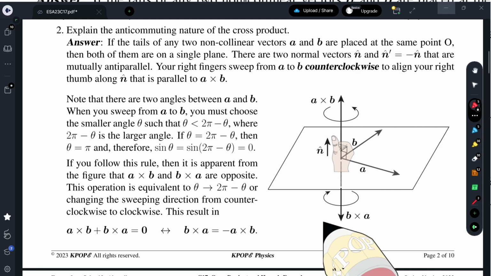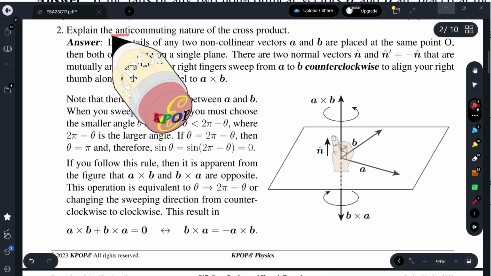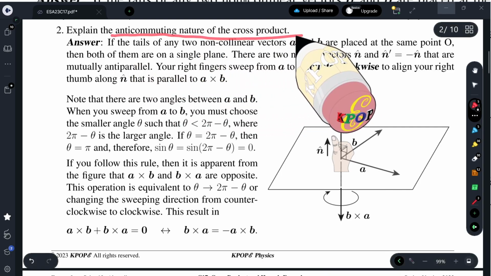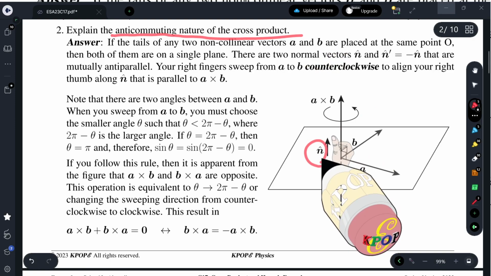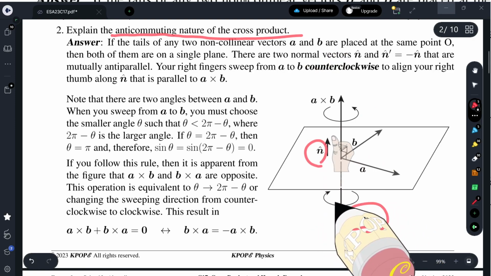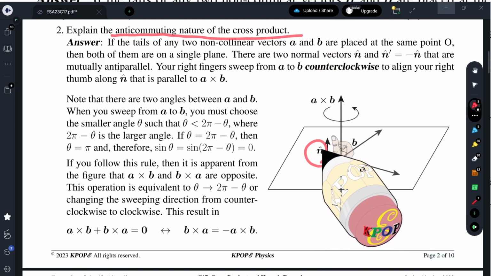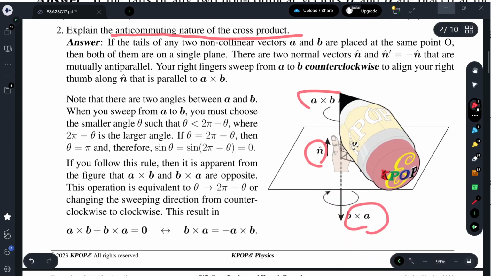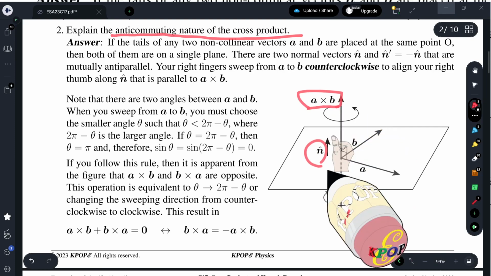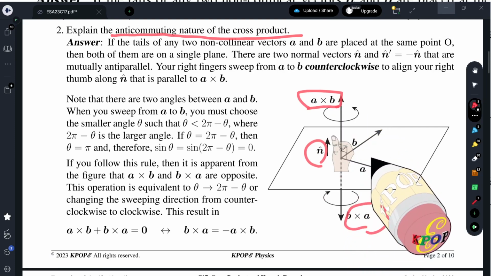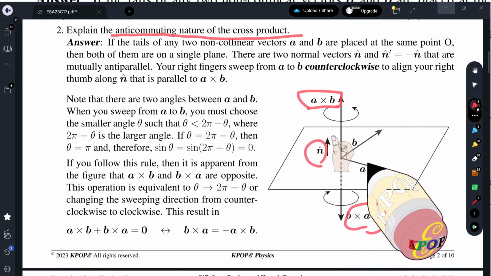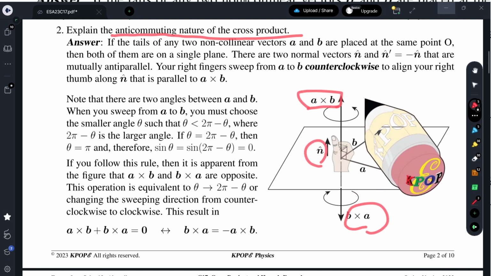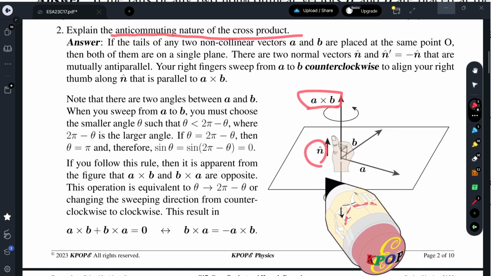We consider the anti-commuting nature of the cross product. According to the definition, A cross B and B cross A: if n hat is the unit vector parallel to A cross B, then B cross A has the same magnitude as A cross B, but the direction is opposite.